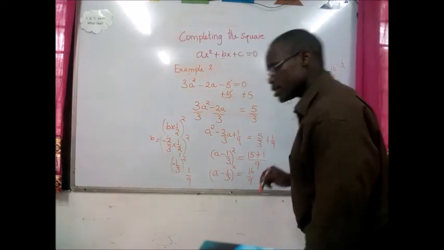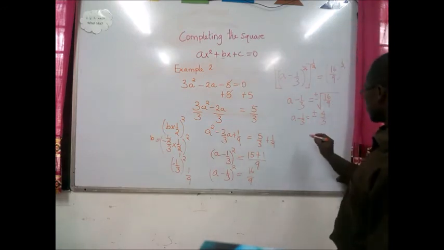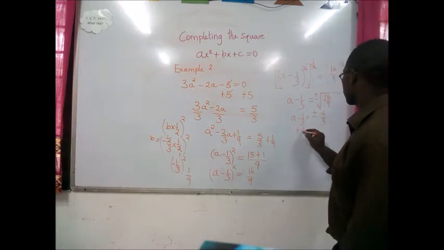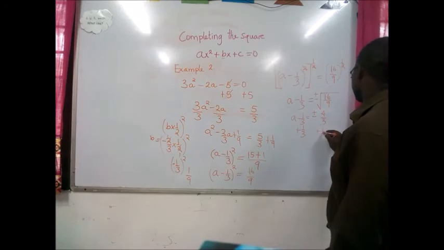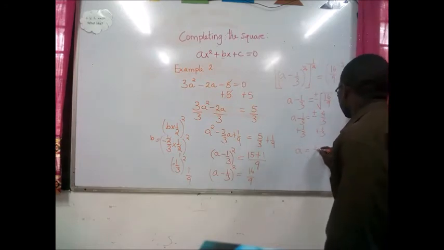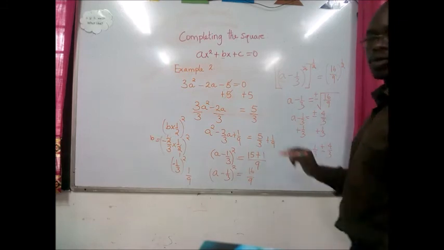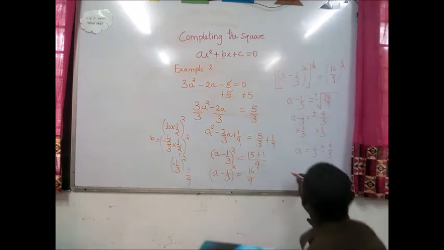Okay? Then here what we do, we add 1 over 3 on both sides, so a is equal to 1 over 3 plus or minus 4 over 3. So now we are going to have two answers here.